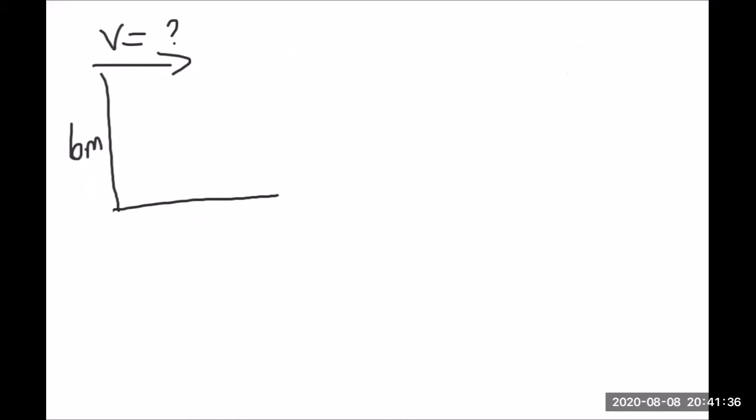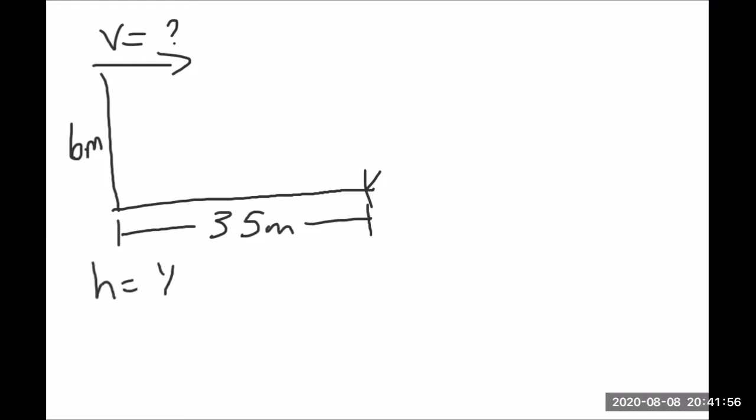Let's say something is launched from a height of 6 meters, and it lands 35 meters away. How fast was it going? Well, again, the first thing you always solve for is time. So we can use this. Our h is 6 meters.